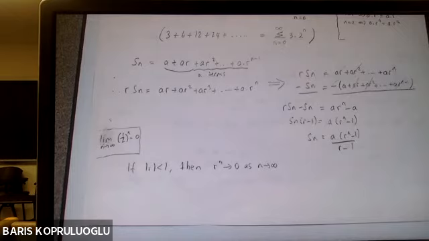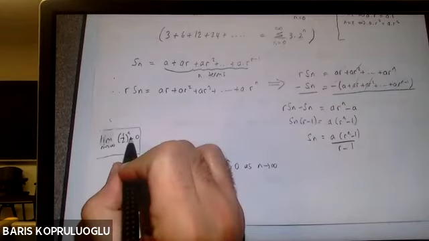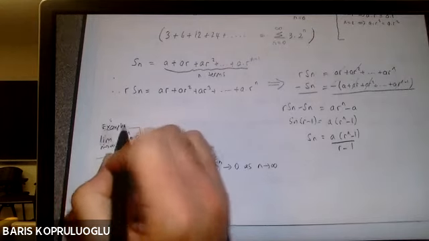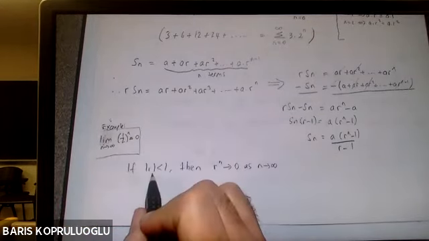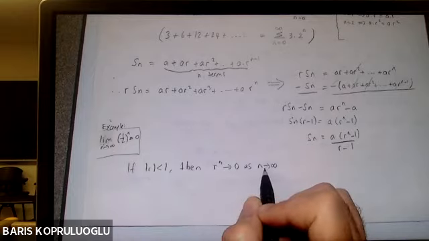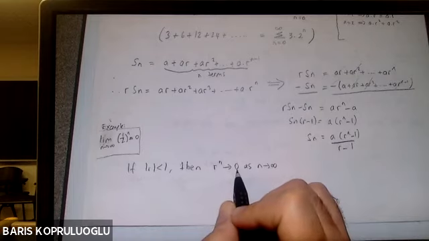If you multiply a number that is less than 1 by itself, it will keep decreasing, and eventually it will be 0. So if you have the common ratio r, whose absolute value is less than 1, as n goes to infinity, r to the power of n will approach 0.